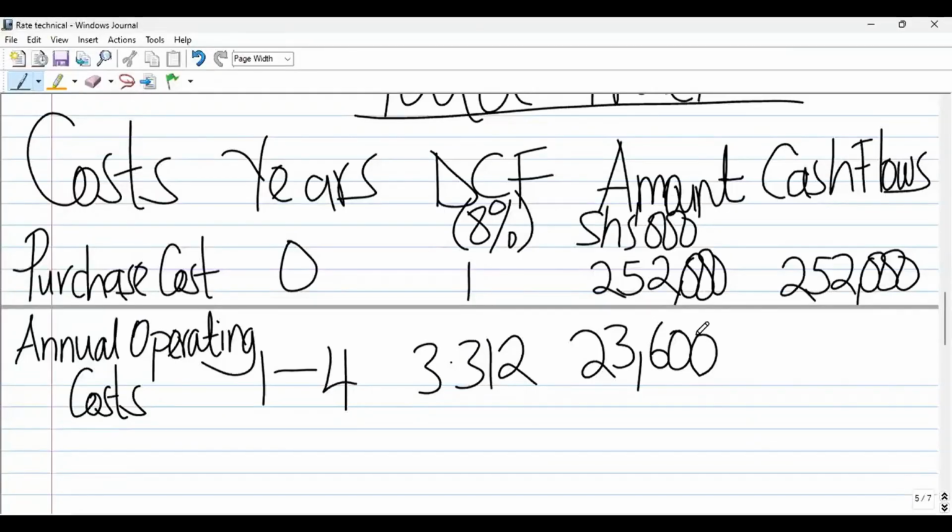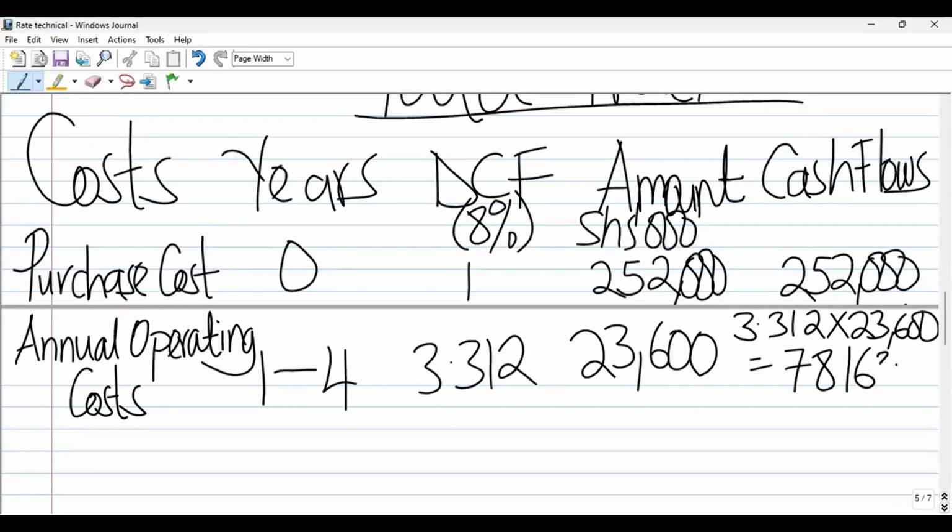So meaning our cash flow is going to be 3.312 times 23,600. So we are just multiplying the discounting factor with the cash flow. 78,163.2.